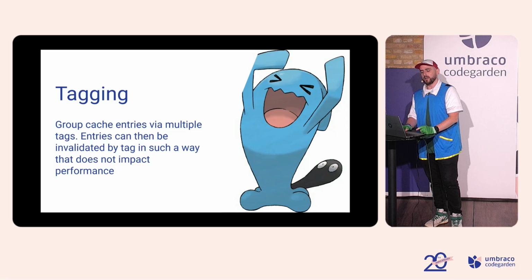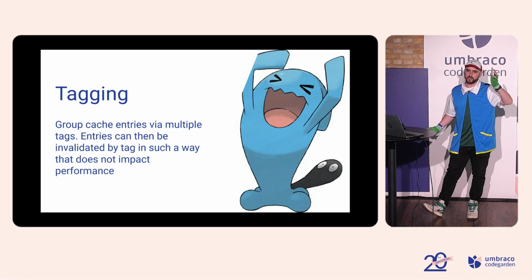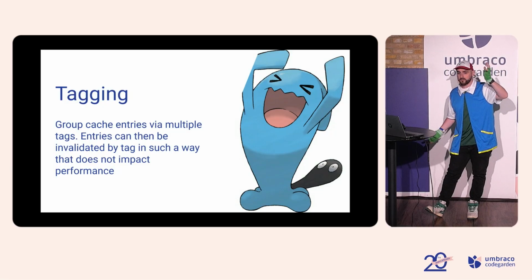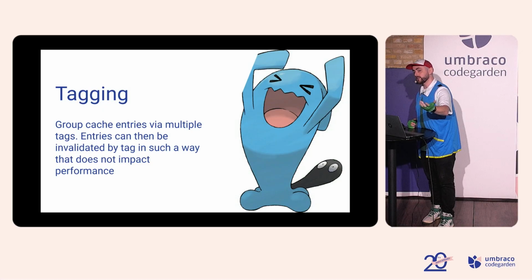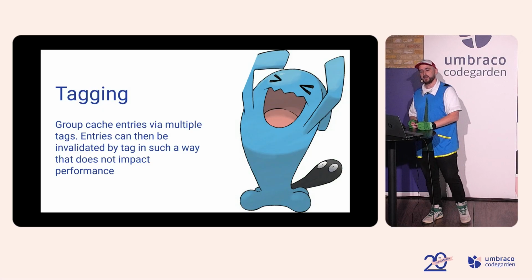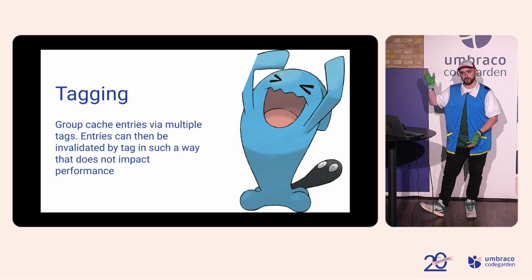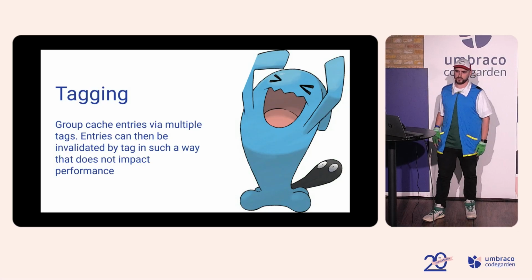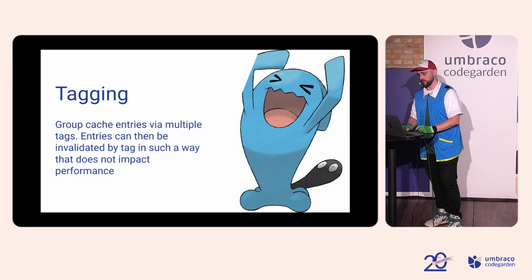But it's a smart way, because if you may have 100,000, perhaps millions even, of entries in your cache, and they're all tagged as, let's say, content in the example of Umbraco, and you want to purge all of the content from your distributed cache, that could be a really expensive operation, 100,000 delete operations. Whereas it does this in a very special way, which I'll show you a bit later. It's really smart.